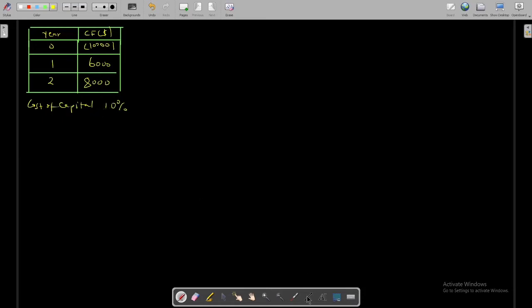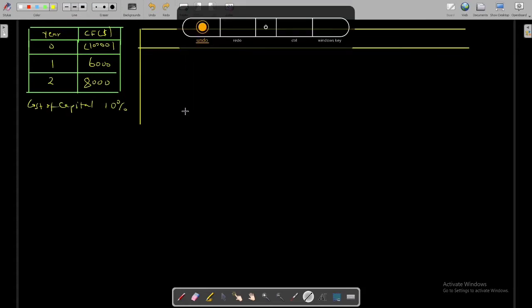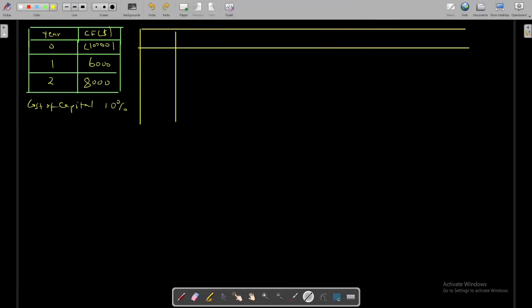So let's use a simple table. We first start with the year, then we look at the cash flows, then the discount factor at 10%, then the present values.